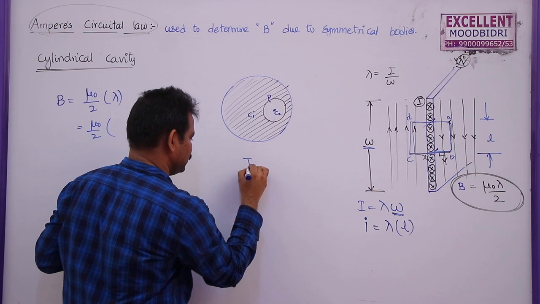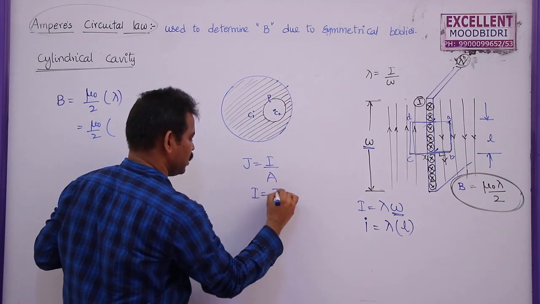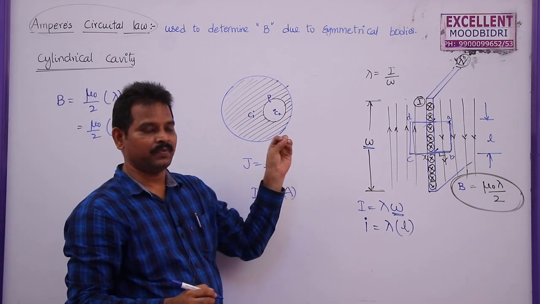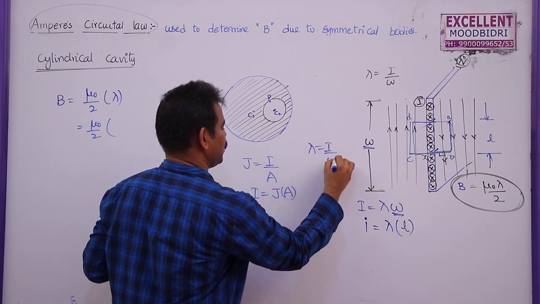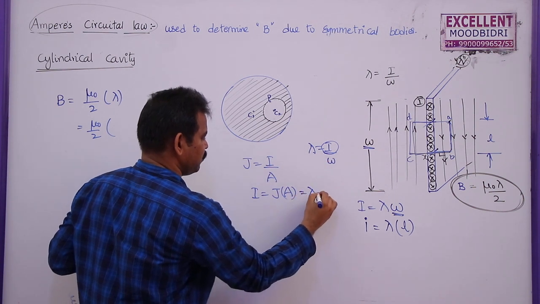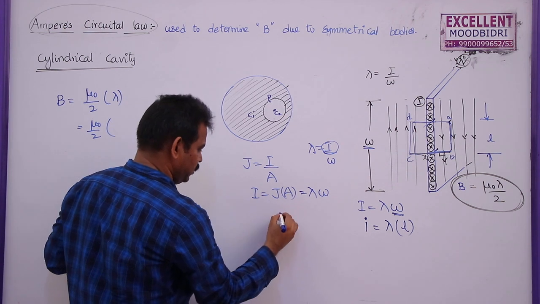Current density is given by current per unit area. So current is equal to current density into area. But lambda is the current per unit length or width here. Now here this is lambda L. So this is lambda into width. So from these two, what can we write?